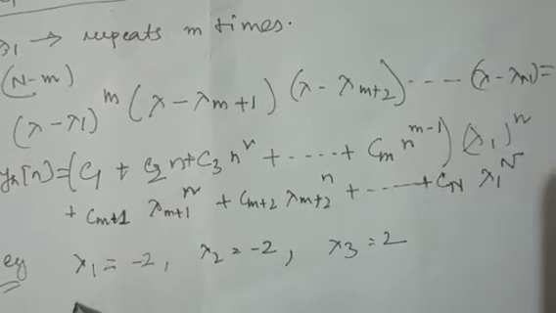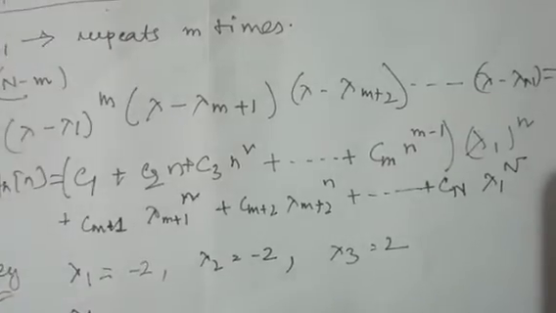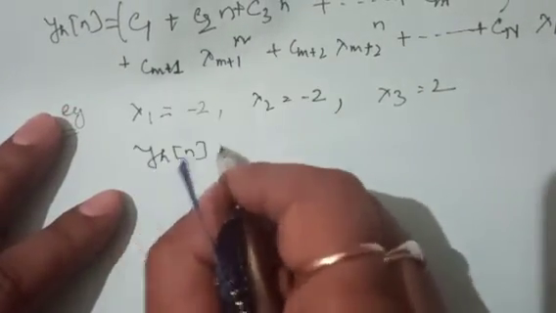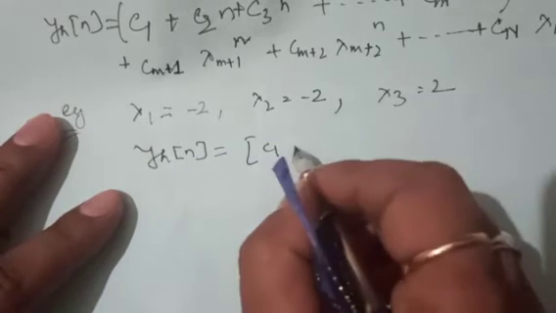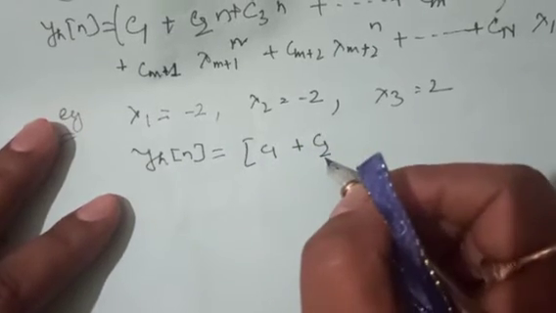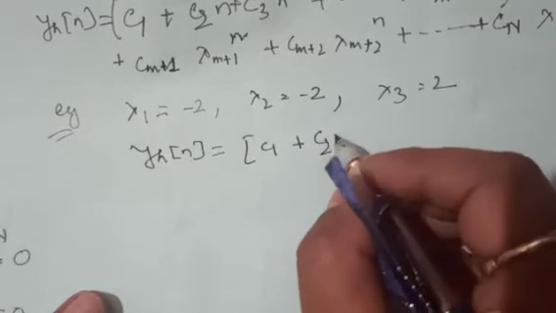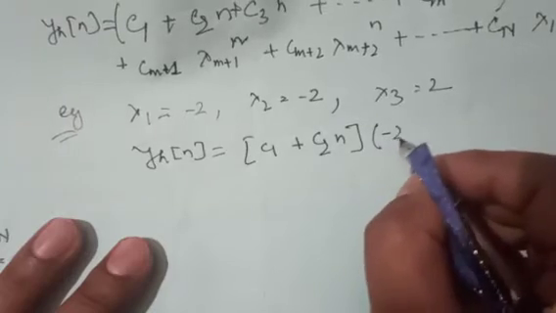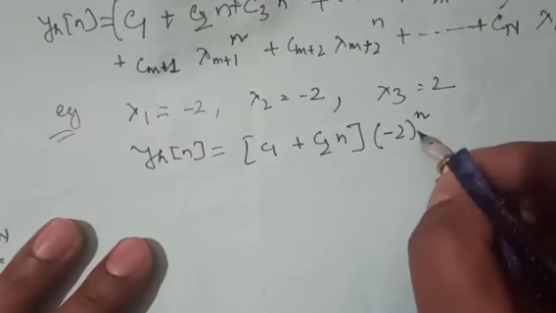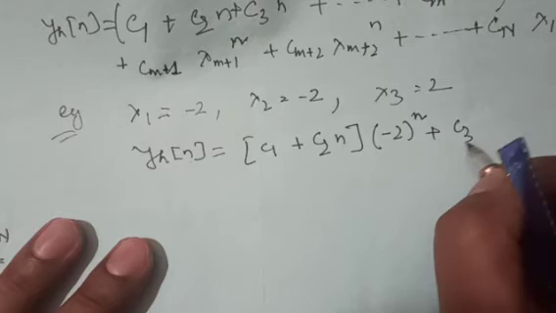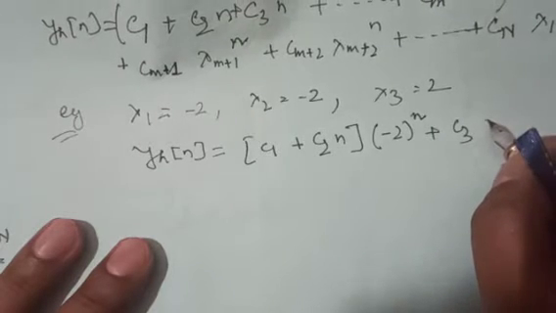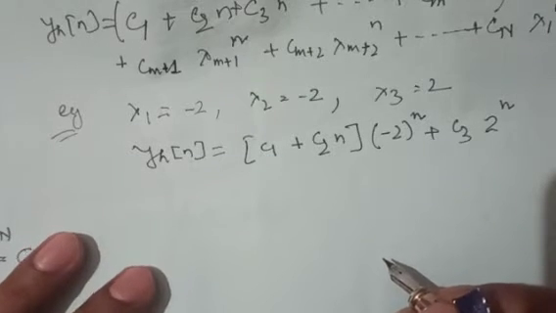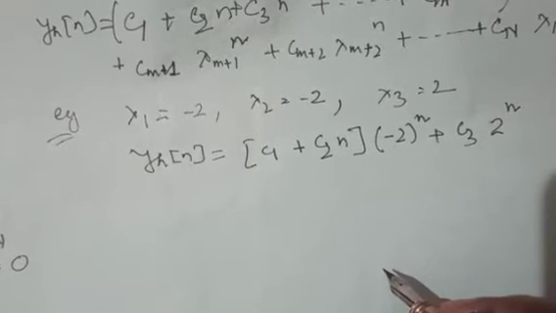Then the solution yh of n will be c1 plus c2 n, all multiplied by minus 2 to the power n, plus c3 into 2 to the power n. So this is the case of the repeating root.